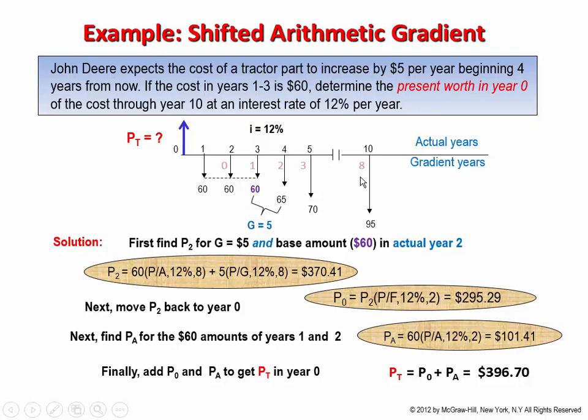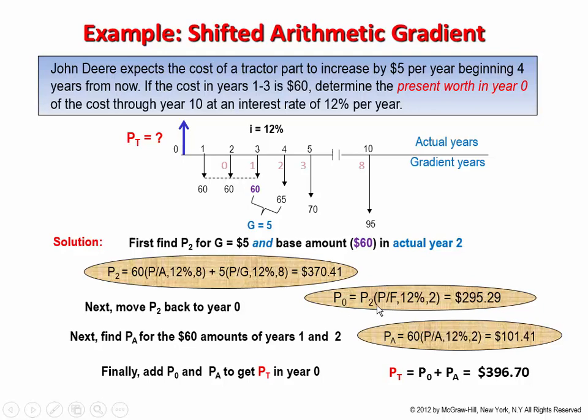So we're going to have to take the entire cash flow here to year 2 for the gradient, and then from year 2 to year 0. So the gradient is treated separately from some of the annual series. Here is an annual series that's going along at the same time as the gradient, but then we have these 2 extra 60,000s that have to be moved separately back to year 0.